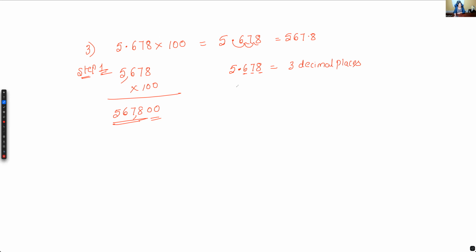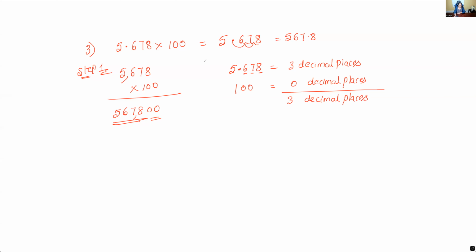Now in whole number 100, we don't have any decimal places, so that is 0 decimal places. So when you add them together, we got 3 decimal places.